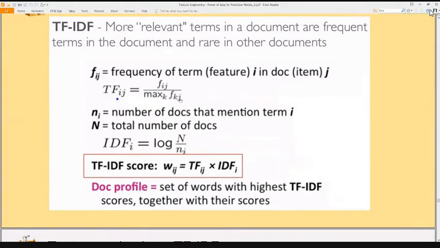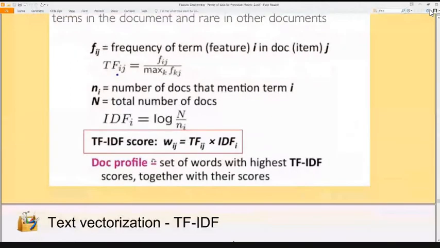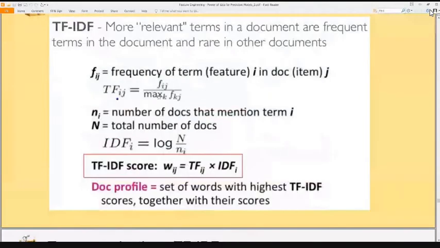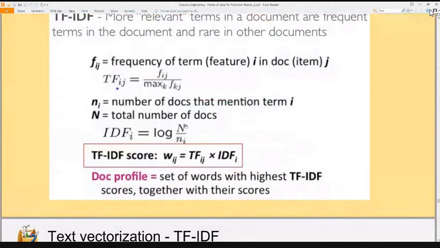Then that becomes the weight of the word. That's the term frequency part. Then IDF becomes the log of the total number of documents over the number of documents that mention that particular term.